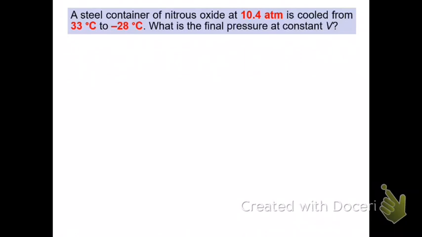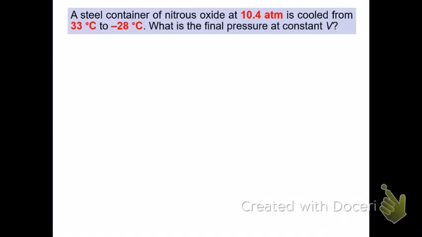So here's an example. A steel container of nitrous oxide at 10.4 atmosphere is cooled from 33 degrees Celsius to negative 28 degrees Celsius. What is the final pressure at constant volume? So it's asking you for the final pressure.